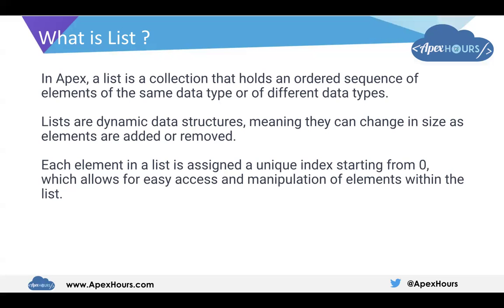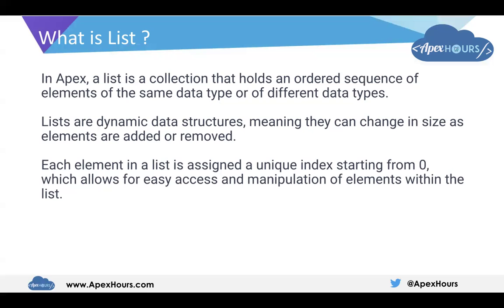What does that mean? It means that suppose into a list, first you have entered the value Yash, then you have entered the value Sethi. So Yash will always be in the first position, right? This is the ordered sequence. Whatever you insert in the first place will always remain in the first place.